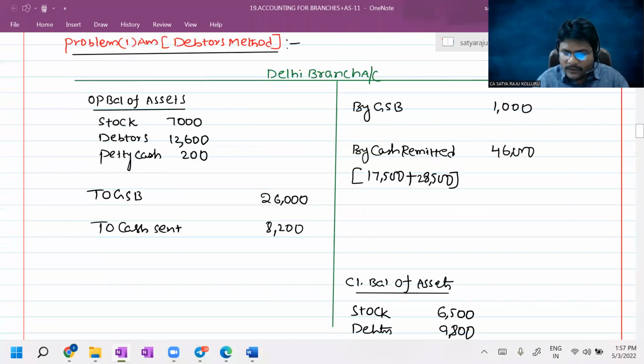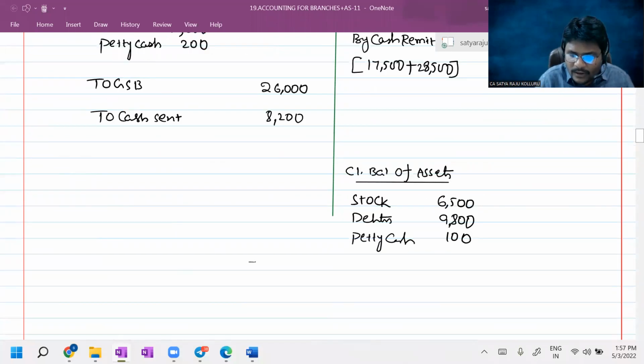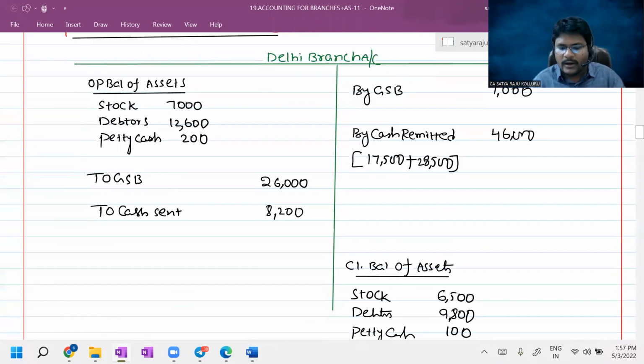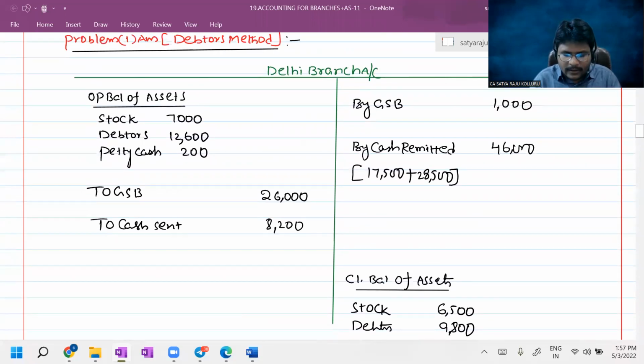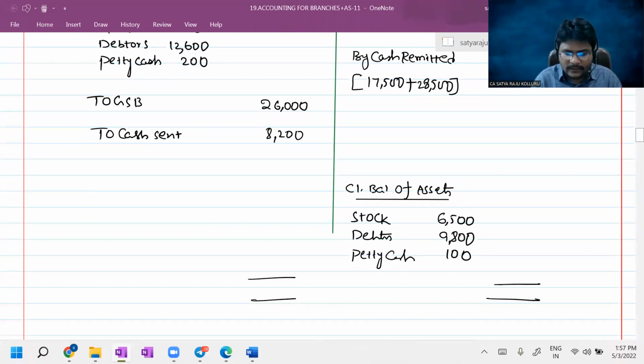Now, if you close this Delhi branch account, then you can easily find out the profit or loss of that particular branch. Can you please all calculate this for me, guys? Under the credit side, 1,000 plus 46,000 plus the closing assets 6,500 plus 9,800 plus 100, which is equal to 63,400.